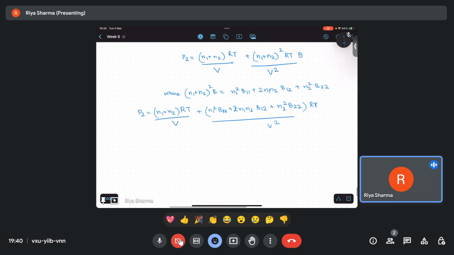Now we are seeing the pressure change dP equals P2 minus P1.